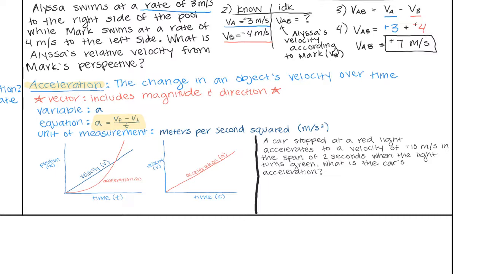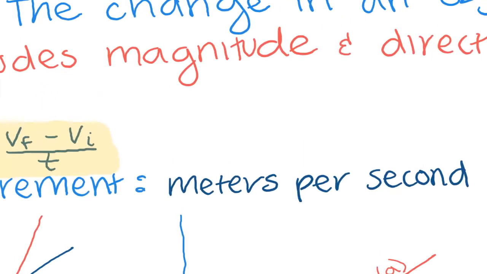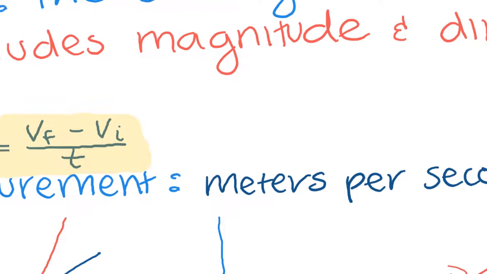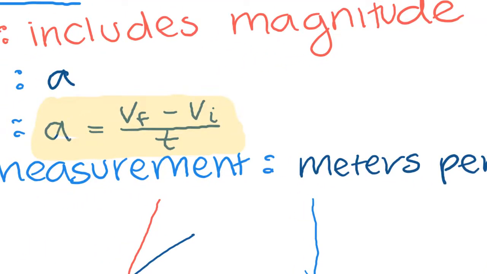Again, we are looking at final versus initial, with VF being the final velocity and VI being our initial velocity.